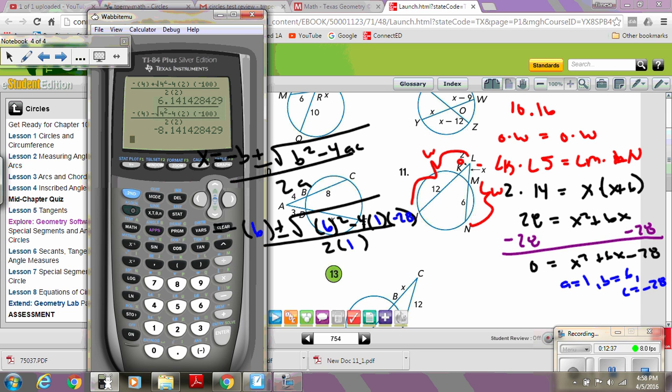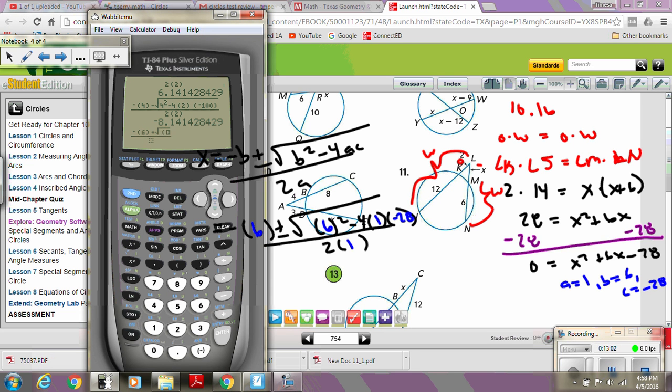So go to alpha y equals, select 1 for the fraction setup. Type your negative sign, open your parentheses, type 6, close your parentheses. Now you can only do the plus or the minus. You can't do them both. So let's do plus first. Now square root.